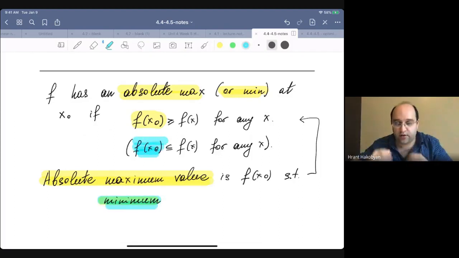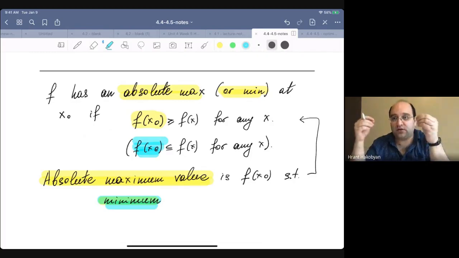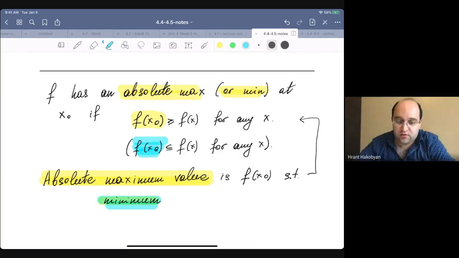Okay, so where you have the smallest thing. So how do you find absolute maximum or absolute minimum? A lot of the times they are asking you to find it on some interval. Sometimes they specify an interval, or sometimes they may not specify an interval. So we will look at the examples, and depending on the examples, we'll try to do this.